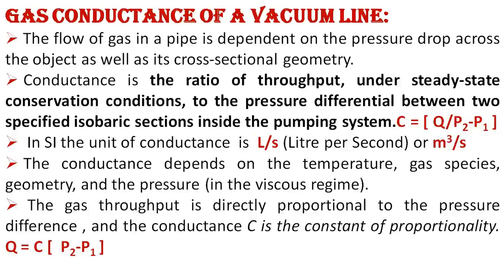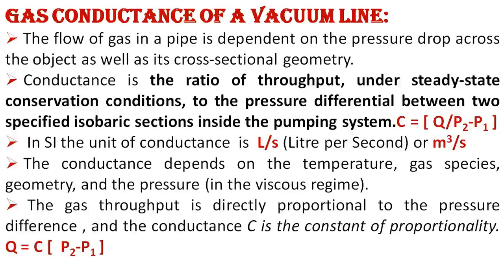So conductance depends upon the throughput Q and the pressure difference. So C is equal to Q upon P2 minus P1, the differential pressure.